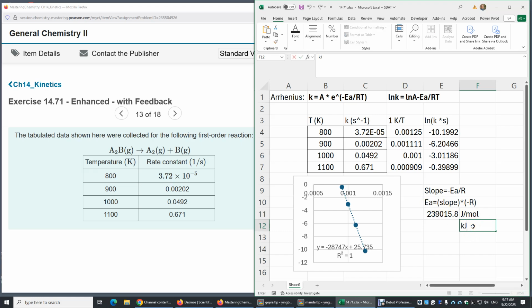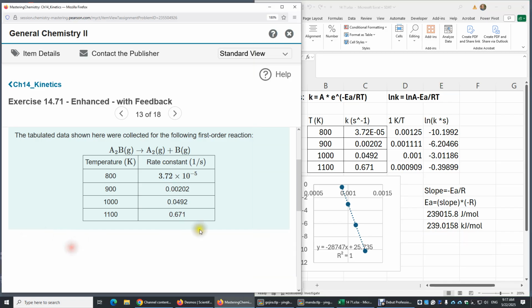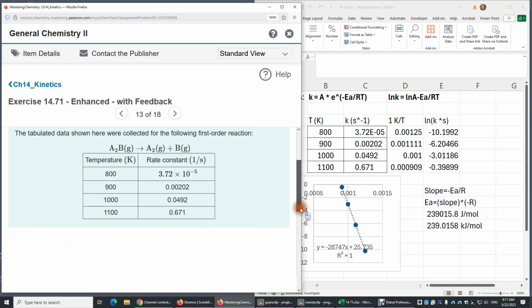Of course, you can easily convert it to kilojoule per mole, which is this number divided by 1,000. 239 kilojoule per mole. It's a very large activation energy.